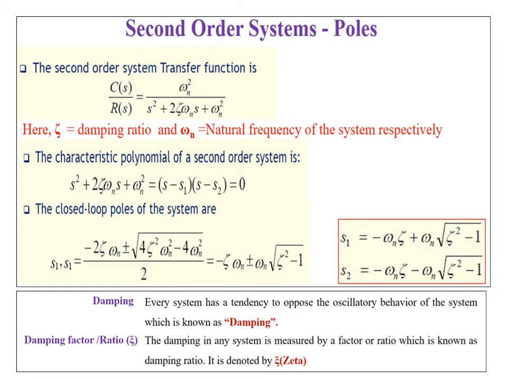That means it is the damping coefficient upon the critical damping coefficient. That particular ratio is called the damping ratio. These are the terms which are normally used in the second order system, or in the vibration kind of thing.